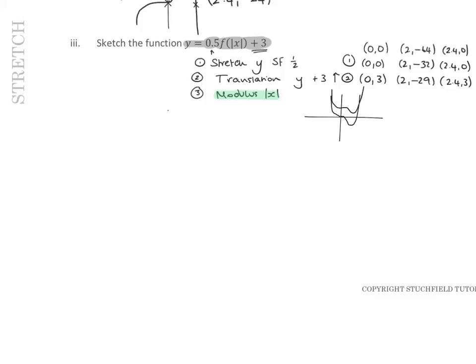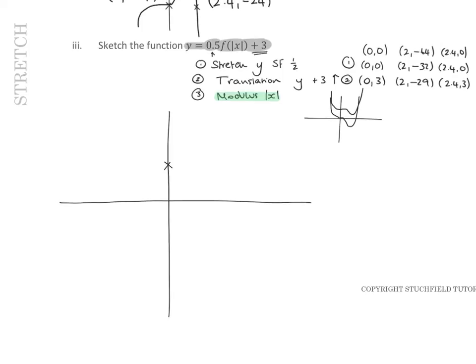So let's start with this on a graph. So my coordinates are 0, 3, 2, minus 29, and 2, 43. Now remember, we are doing this as the modulus, so we need to sketch everything that is on this side of the axes. So this goes down like this, and then comes straight back up.